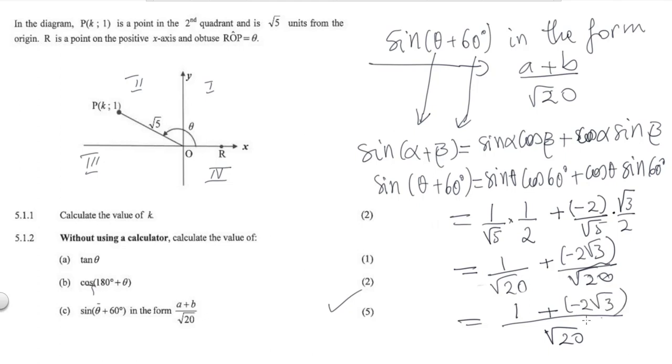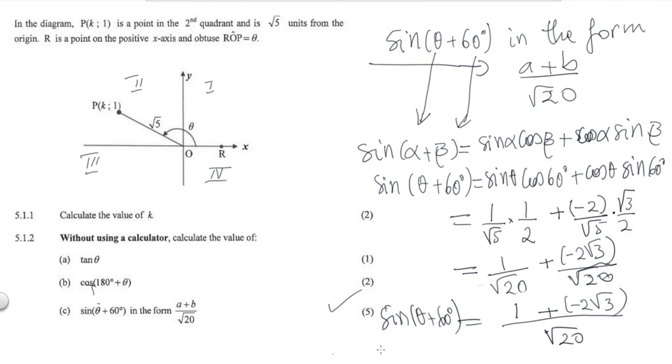Alright. So we have what they ask us to do. We have sine of theta plus 60 degrees is equal to 1 plus minus 2 square root 3 over square root 20.